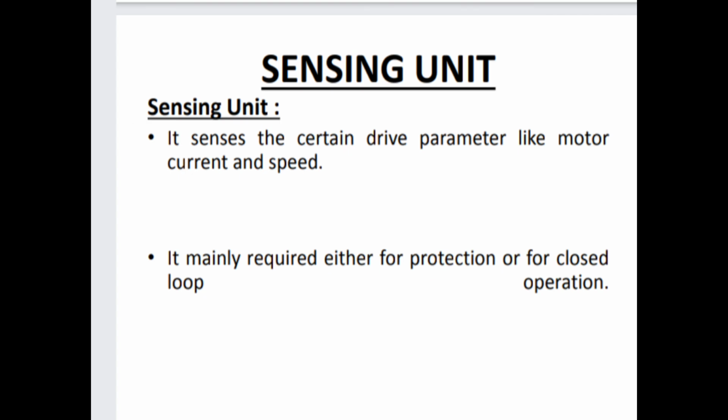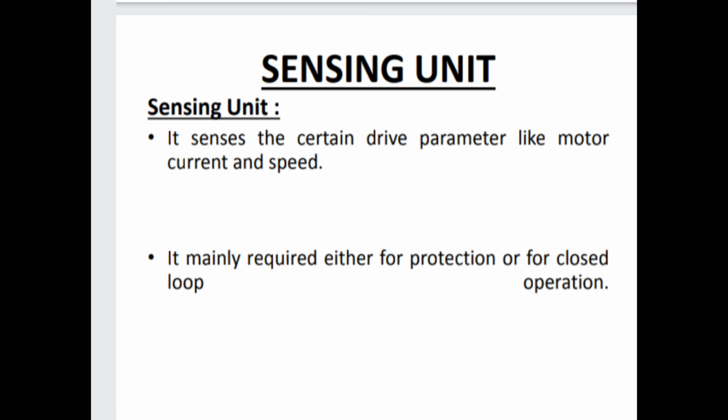Then we see the sensing unit. It is also very important. What is the sensing unit? It senses certain drive parameters like motor current and speed. If the exam asks the function of the sensing unit, or there are some options and it asks what the sensing unit senses, our answer is drive parameters.